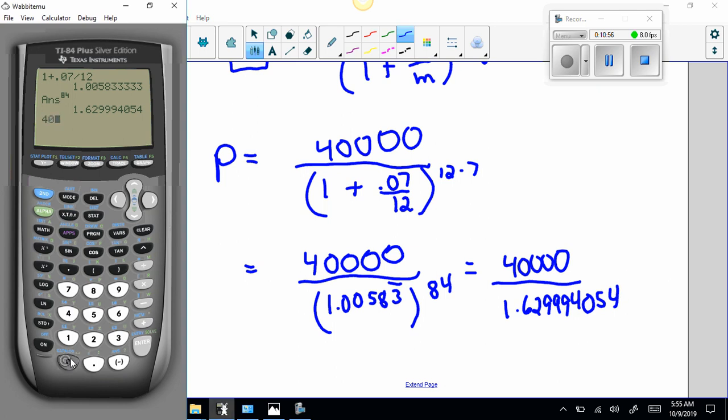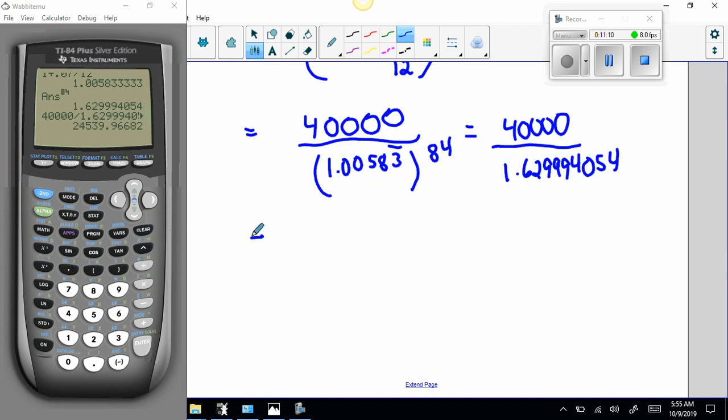And I go 40,000 divided by 1.629994054. Hope you understand, I don't actually do it that way. This calculator does a lot of this for me, but I'm just pretending you don't have a fancy schmancy calculator.